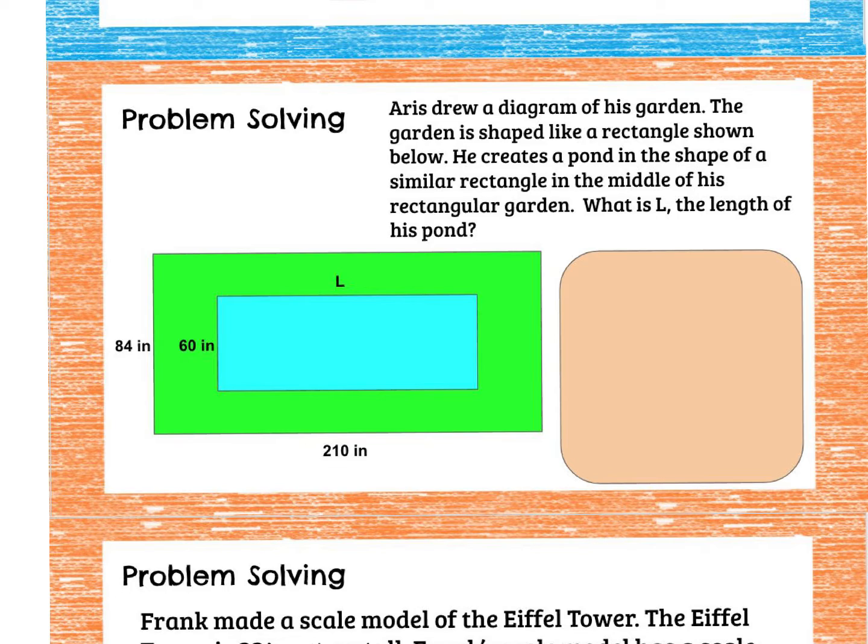Enrich drew a diagram of his garden. The garden is shaped like a rectangle, shown below. He created a pond in the shape of a similar rectangle in the middle of the rectangular garden. What is L, the length of his pond?